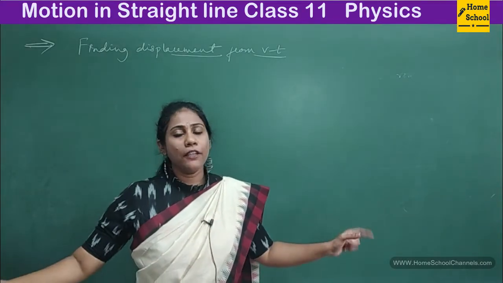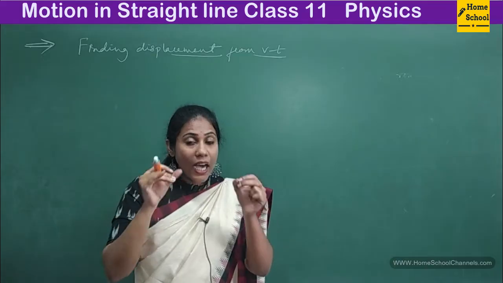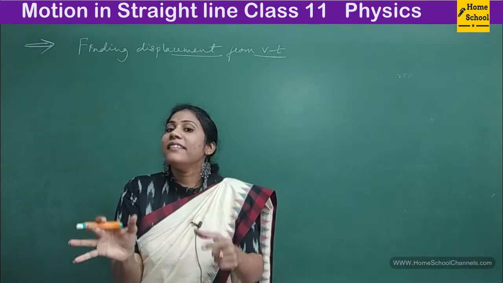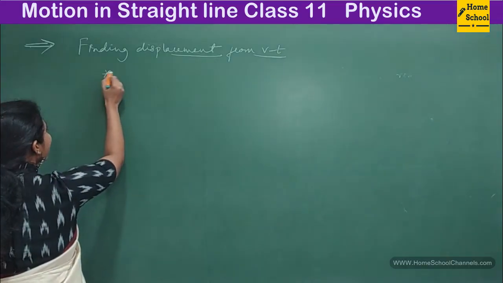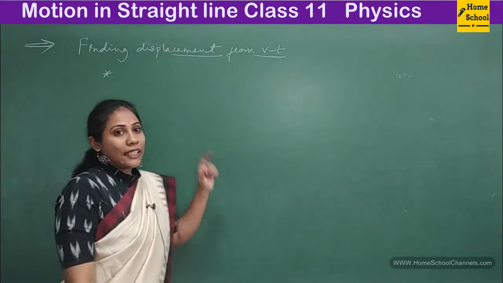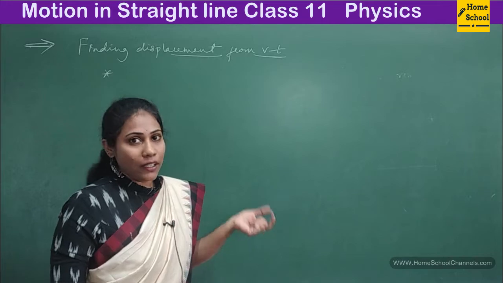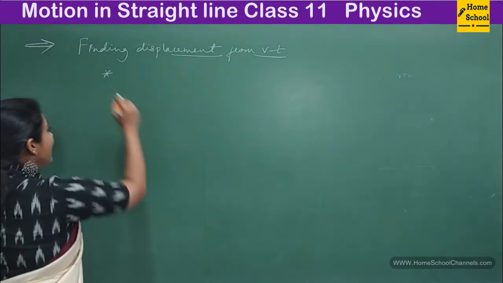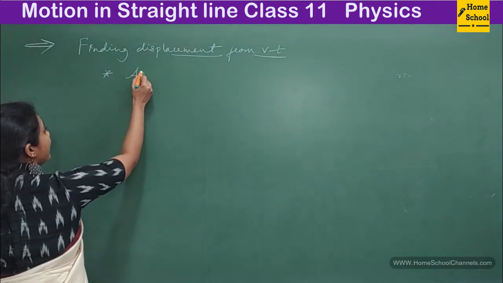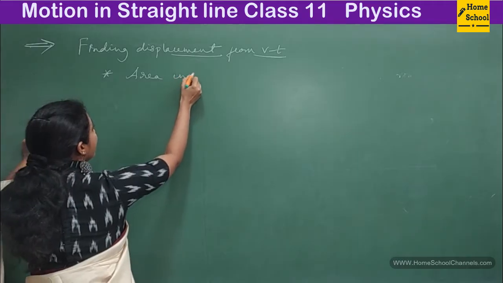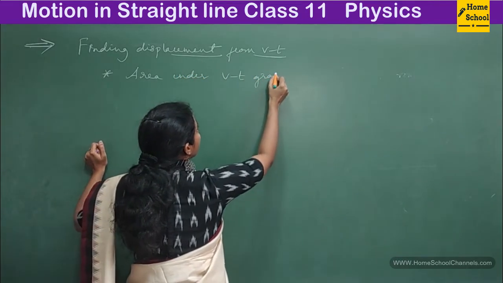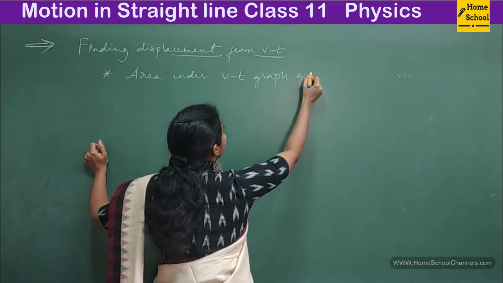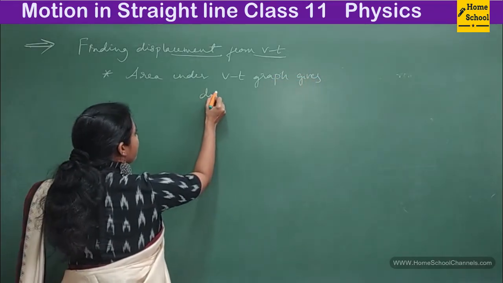If you can find the area under the VT graph, that is the value of displacement. It's a very important tool that you can use for finding displacement normally. So the VT graph gives displacement, right?